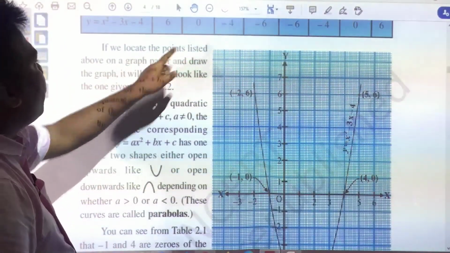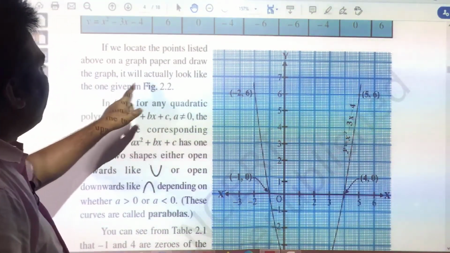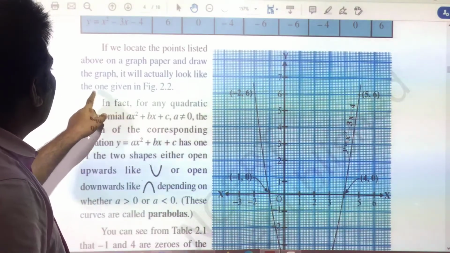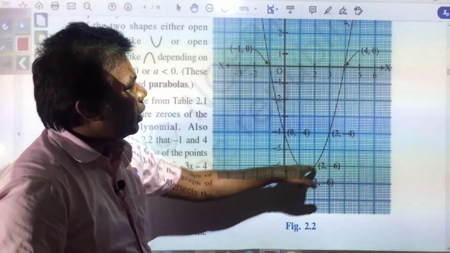If we locate the points listed above on a graph paper and draw the graph, it will actually look like the one given in figure 2.2.